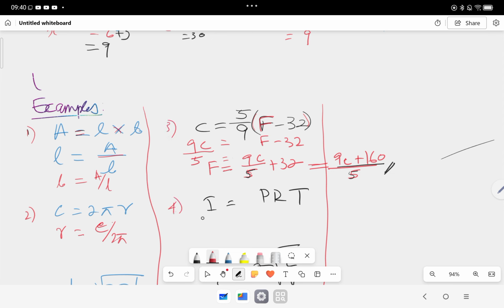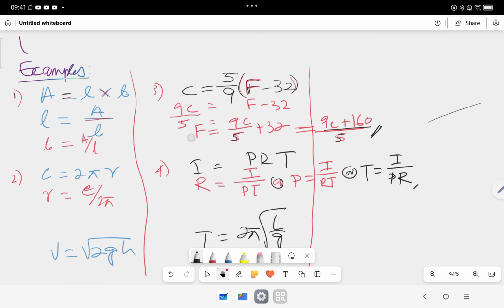If I want to find R, it is equal to I divided by PT, or P equal to I divided by RT, or T equal to I divided by PR, etc. So this is a few examples.